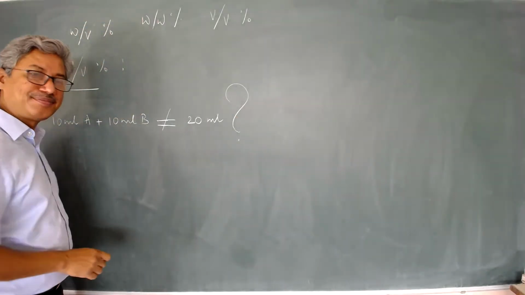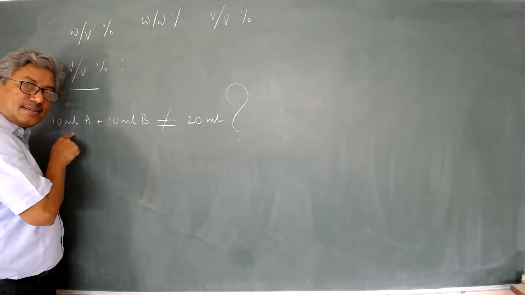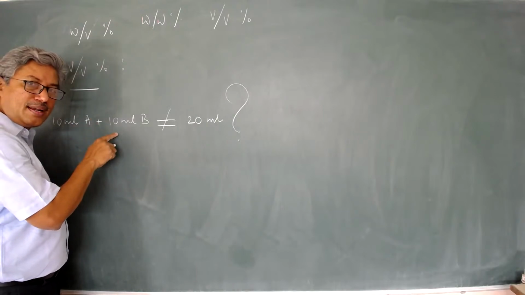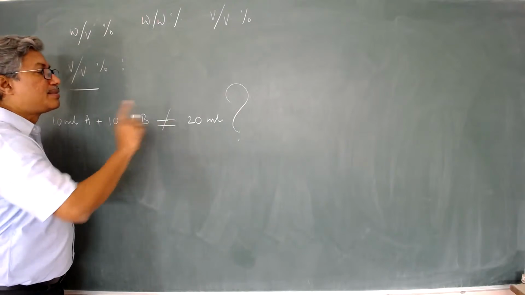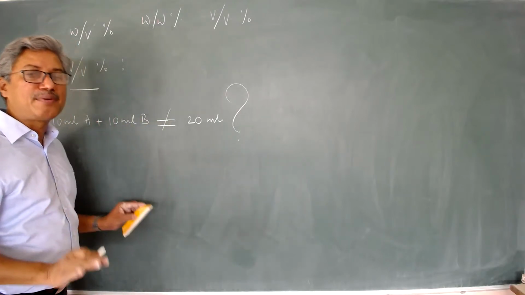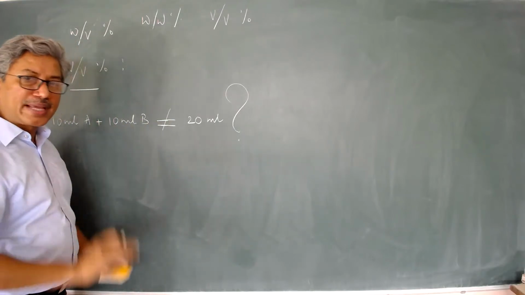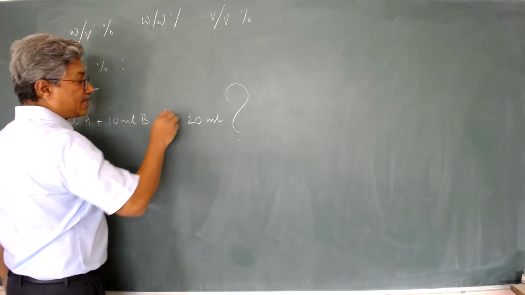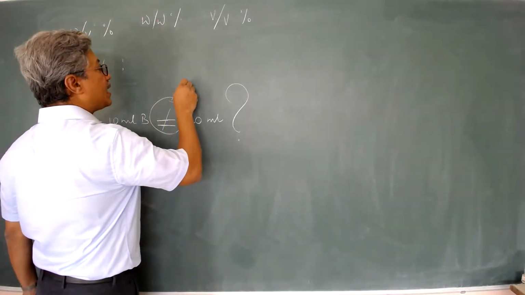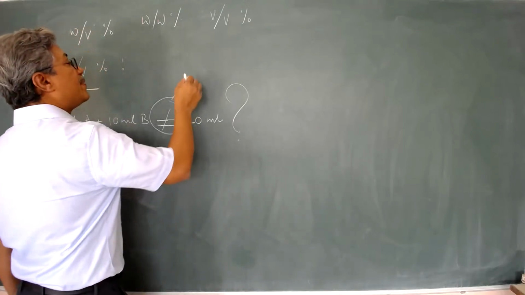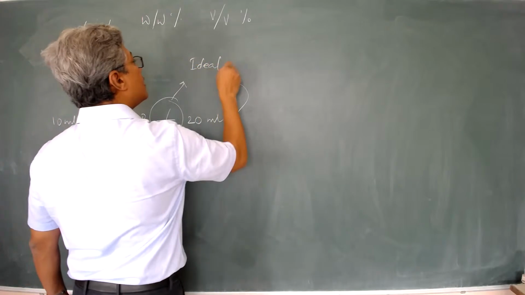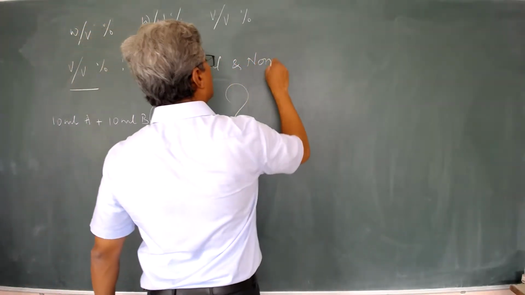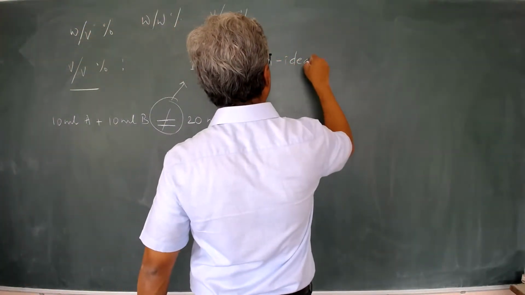I'm not joking here. 10 ml plus 10 ml of two different liquids put together, total volume may be equal to 20 ml or may not be equal to 20 ml. This concept we'll study in detail when we go for ideal and non-ideal solutions.